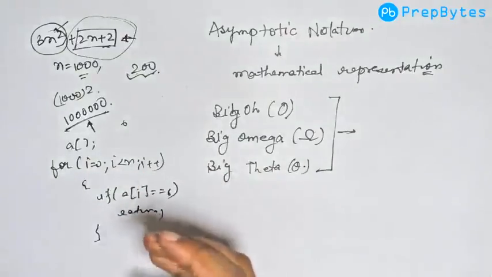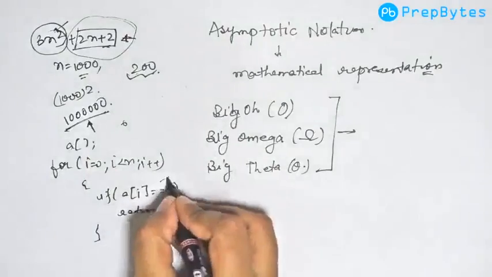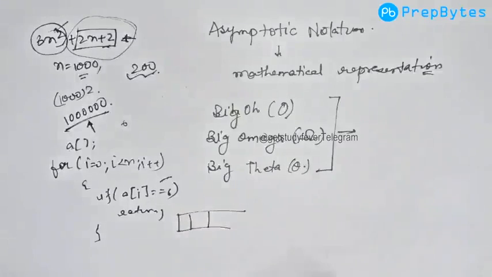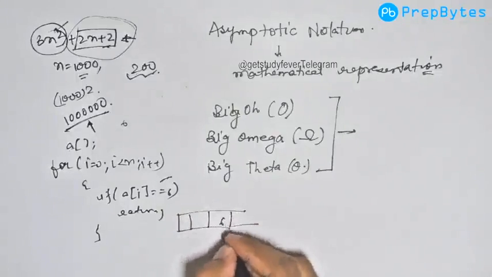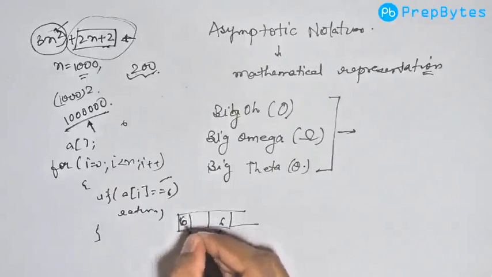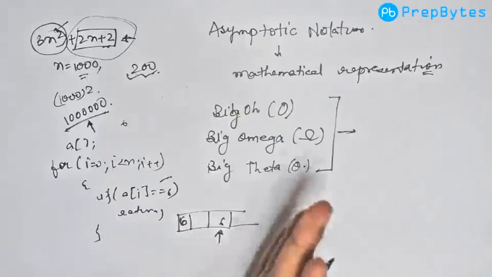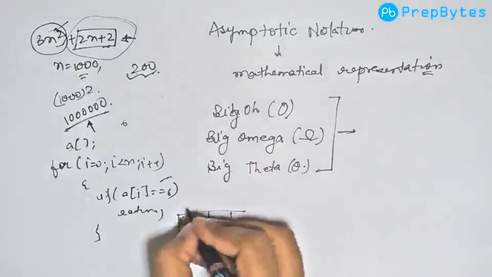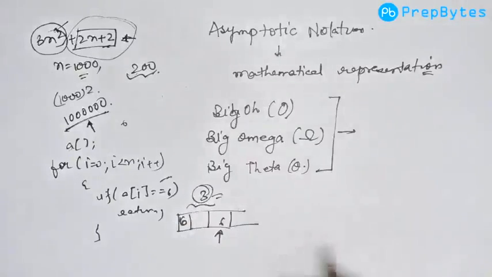In that case, the program stops when it finds 6. The array may have a size of, let's say, 10,000, and 6 is just at the third place, or let's say the first place, very near the beginning. So the loop will run only 3 times and the program will be over.